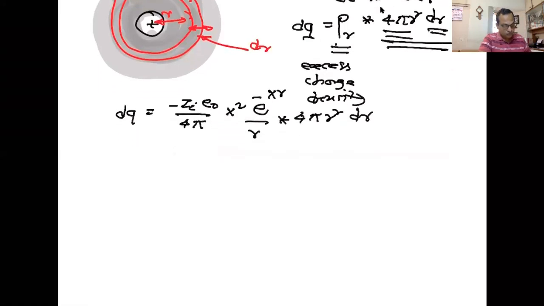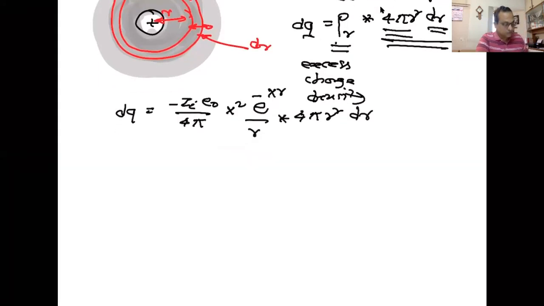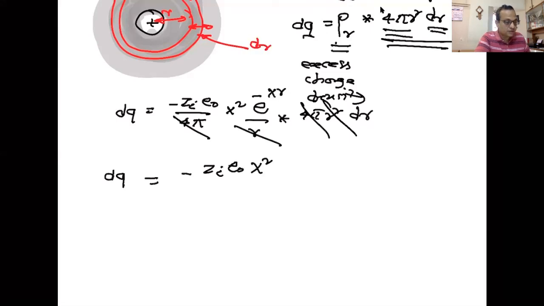Which if I simplify, what I get is dq equal to minus zi e0 chi square r e raised to minus chi r dr.